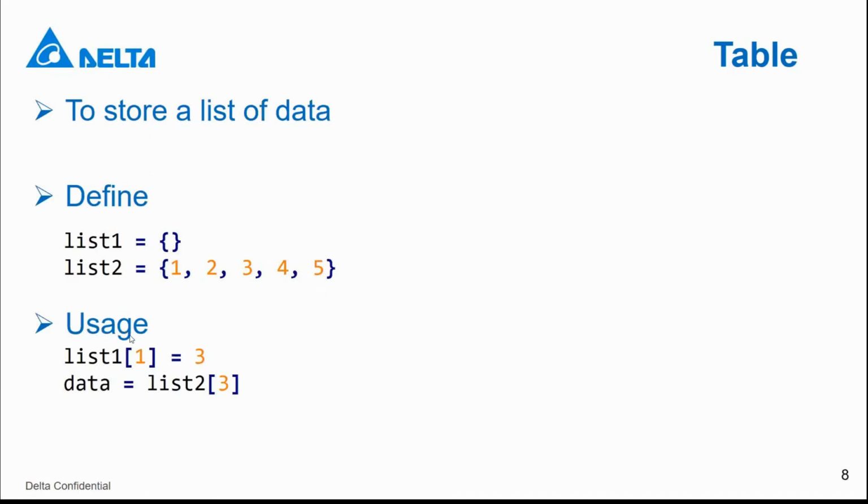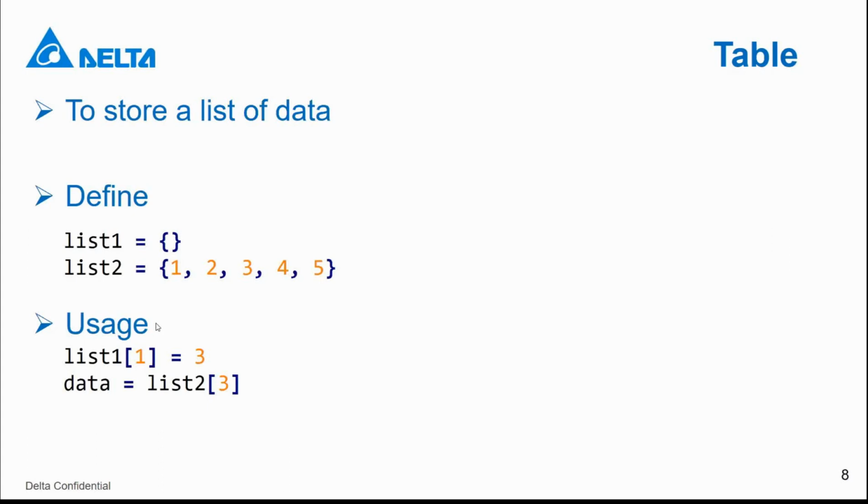And then how to use it? This is similar to other languages like C. You put the list name first and then use brackets with the index inside. This is index 1. And by the way, in this table the index starts from 1, not 0. So we set index 1 equal to 3.